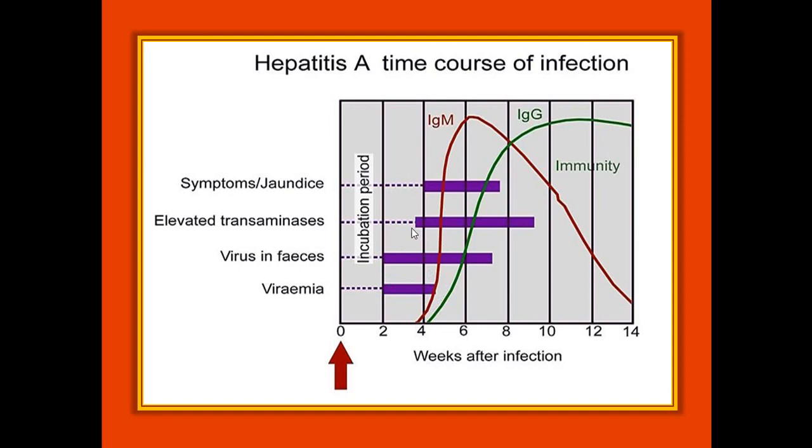At the end of the 4th week, the liver function is affected in the form of elevated transaminases. The symptoms start after the 4 weeks, especially the jaundice, and it may last about 2 or 3 weeks, as you see here.